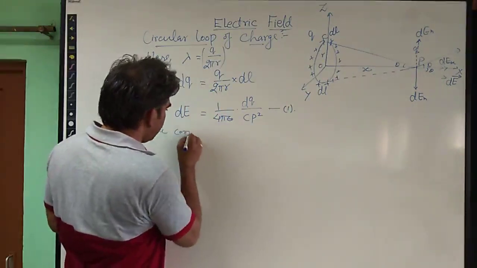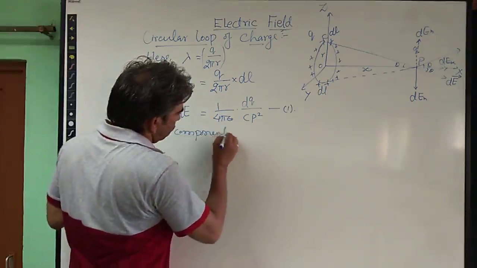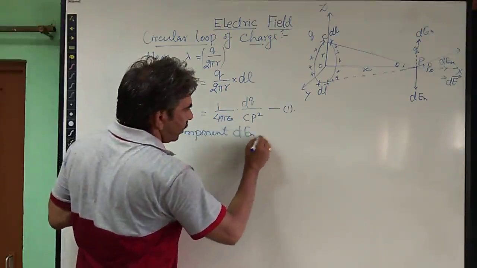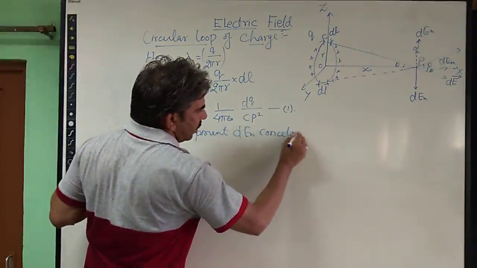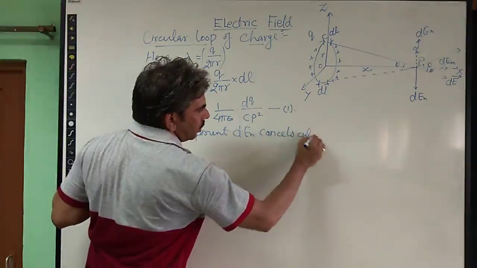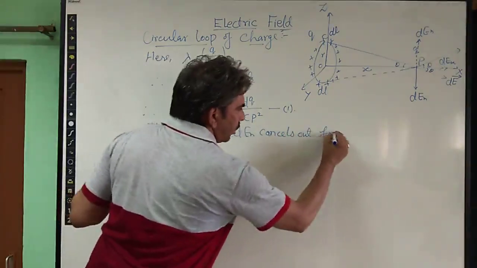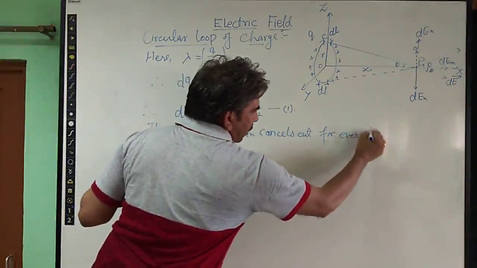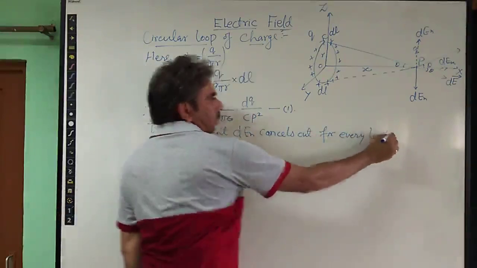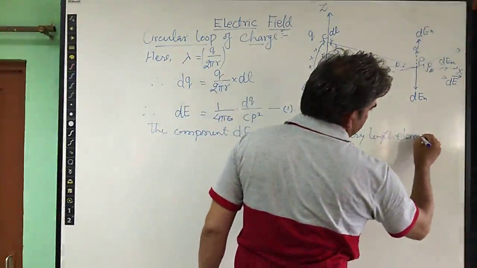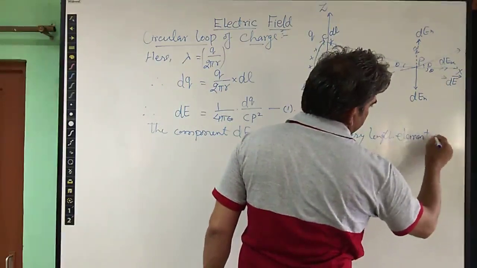So therefore, you can write this here: the component dEn cancels out for every length element dl.